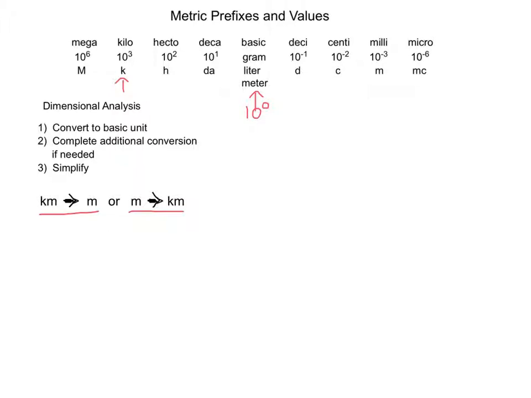So I want to take a look at those two exponents there, or the other way I can think about looking at this is that you've got the basic unit here, which is increasing by 1 here, 2 here, and 3 here. So basically, I have 3 decimal places that I need to move to get from a meter to a kilometer. So how am I going to set up the relationship?